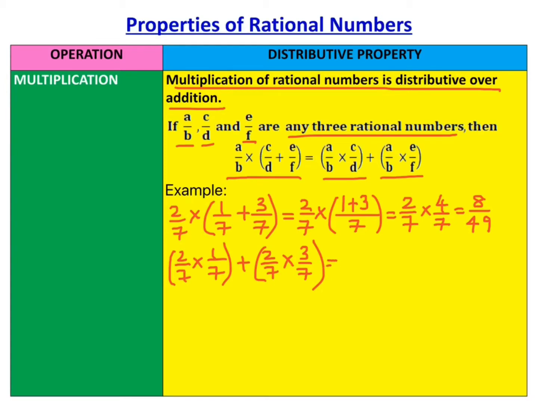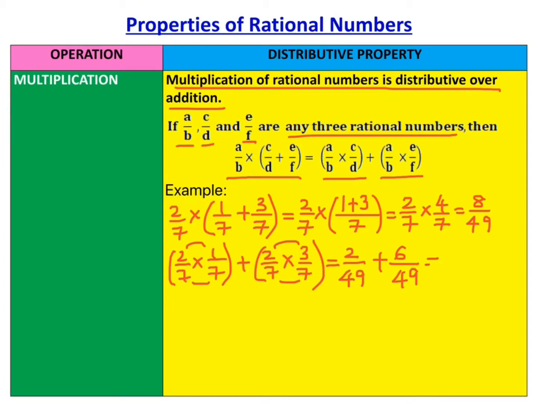Inside the first bracket, we don't find any common factors, so we will multiply the numerators together and the denominators together. 2 times 1 is 2, and 7 times 7 is 49, plus, now inside the second bracket, again we don't find any common factors, so let's multiply the numerators together. 2 times 3 is 6, and 7 times 7 is 49.